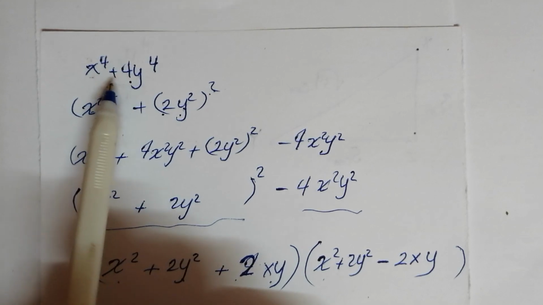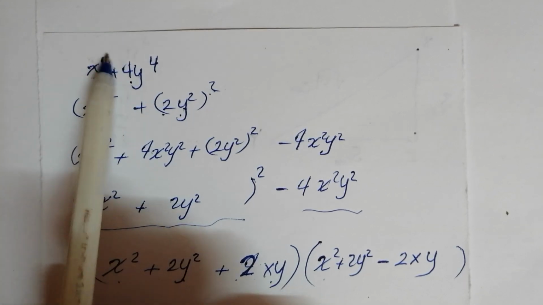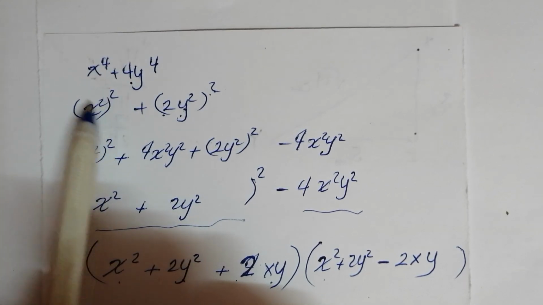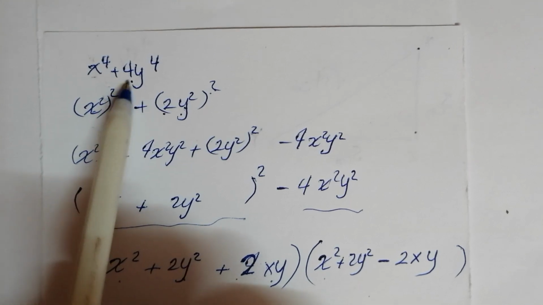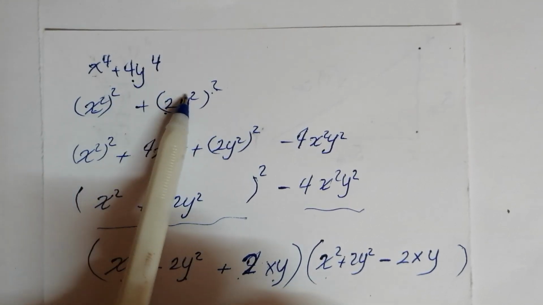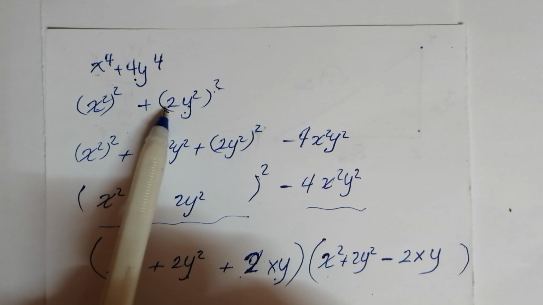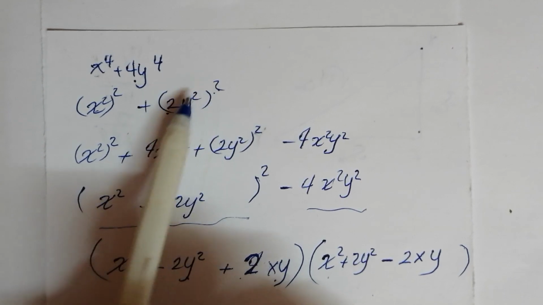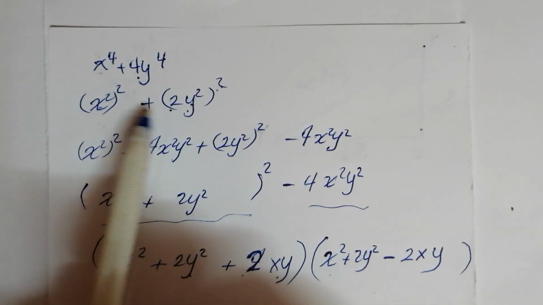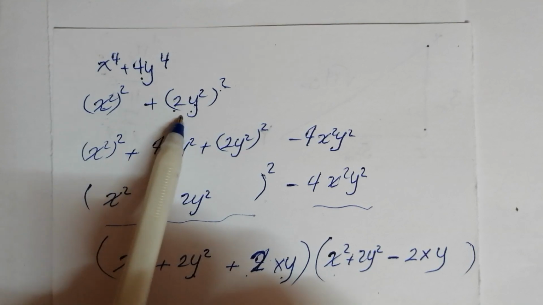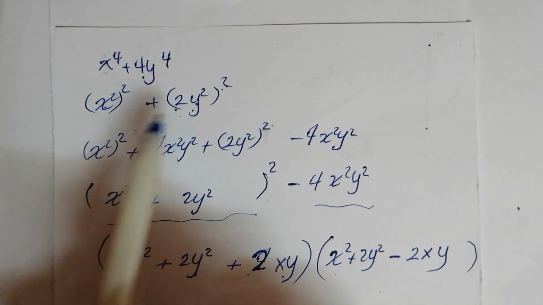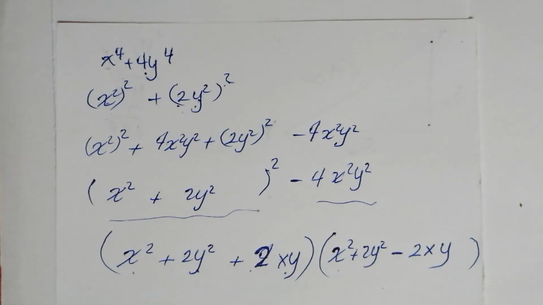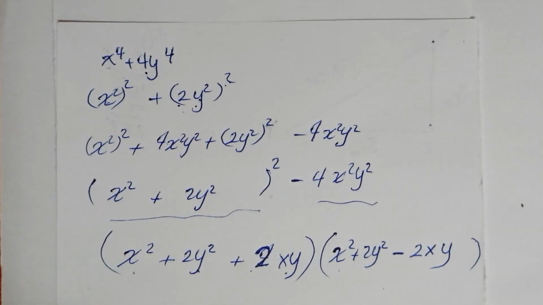What can you do? You can notice that x power 4 means x power 2 all power 2, and 4y power 4 means 2y squared all squared. So you can find the first term squared and the other term squared.